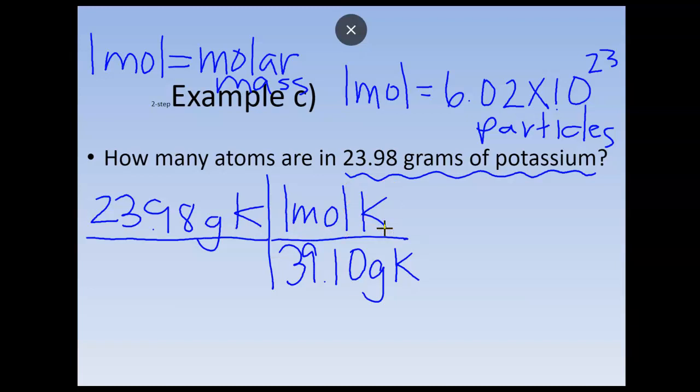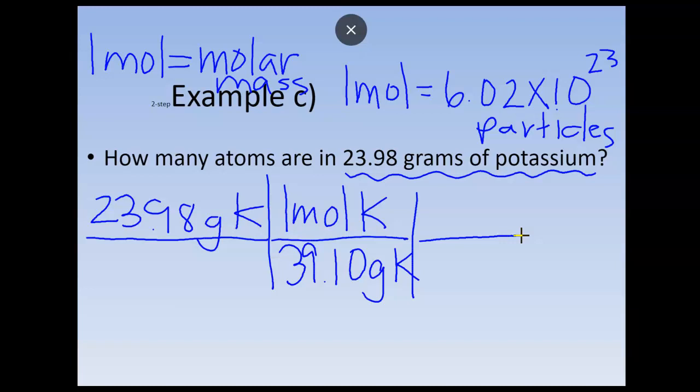And if you remember, please, that is so that we can cancel out our grams. All right, do you see me adding another section? Once I have divided by the grams and canceled out the grams, if I stopped my calculation right here, I'd be solving for moles.